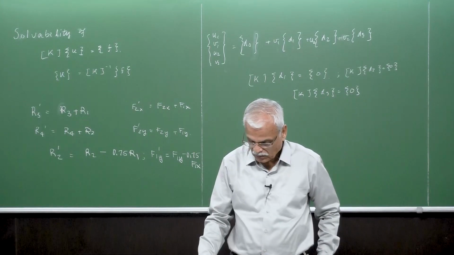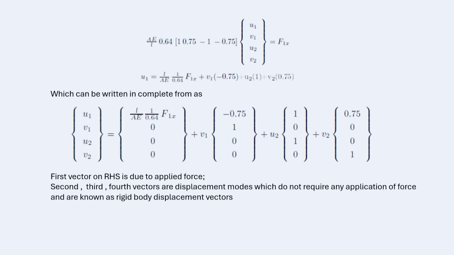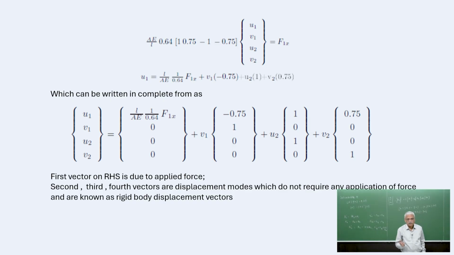So these are minimum requirements. That means that in this particular case, three displacements need to be given so that the rigid body deformations are constrained.